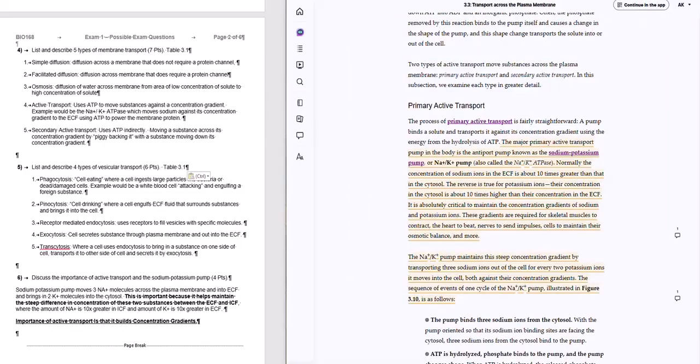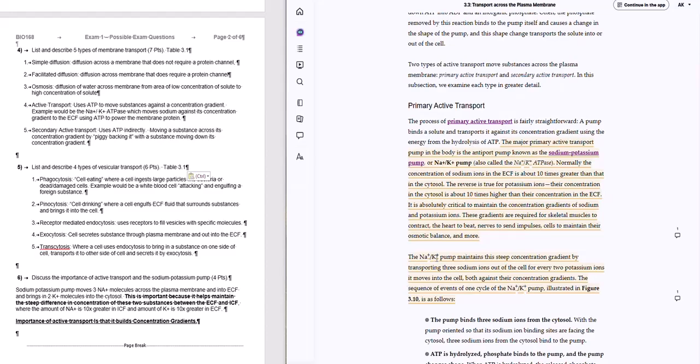And for question 6, make sure you discuss the importance of active transport in the sodium potassium pump. You can see this in section 3.3, and it talks about concentrations 10 times higher. These gradients are required for skeletal muscles to contract, the heart to beat, nerves to send impulses, and cells to maintain their osmotic balance.